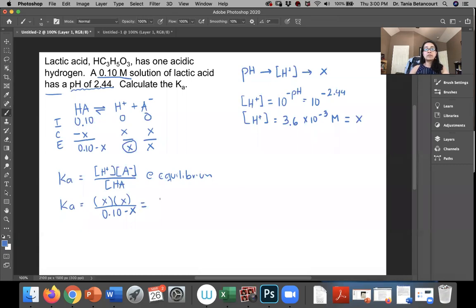And of course, this is equal to X squared divided by 0.10 minus X. So Ka is equal to 3.6 times 10 to the minus 3 squared divided by 0.1 minus 3.6 times 10 to the minus 3, which is 0.0036.